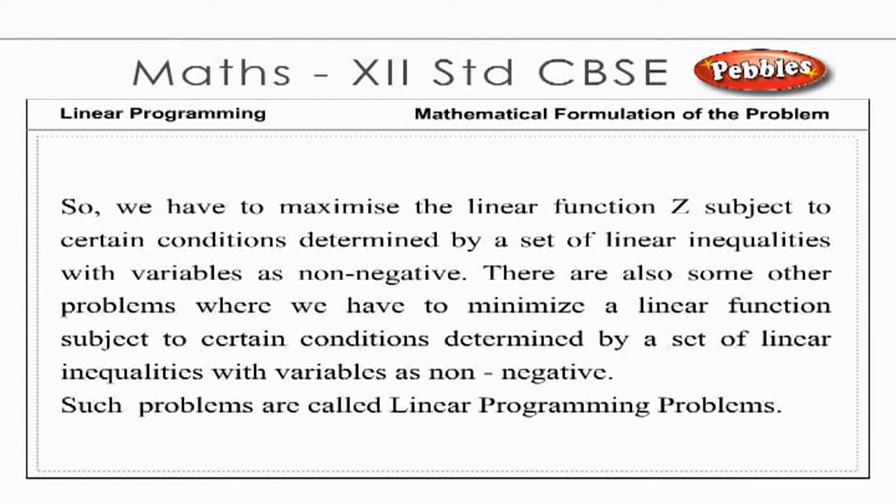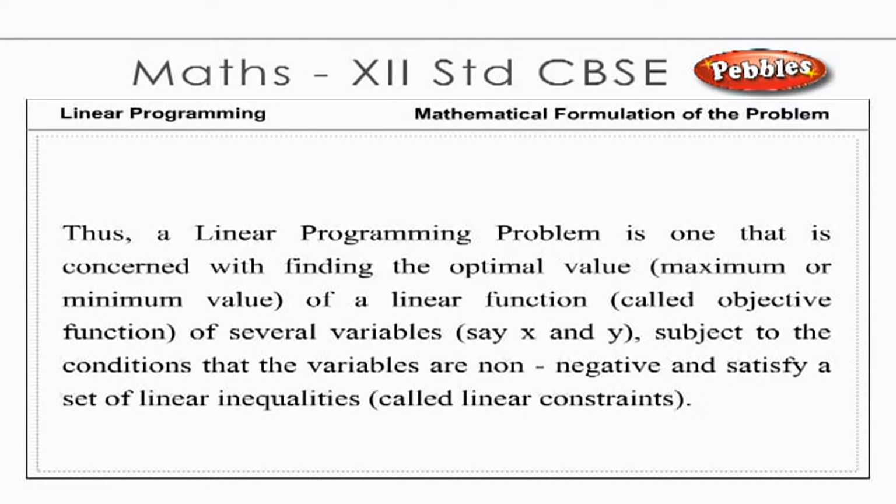There are also some other problems where we have to minimize a linear function subject to certain conditions determined by a set of linear inequalities with variables as non-negative. Such problems are called linear programming problems.